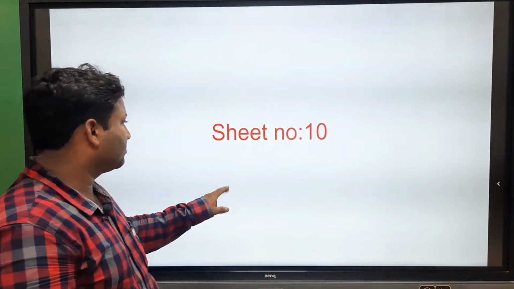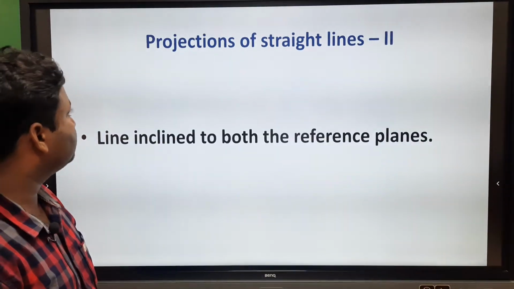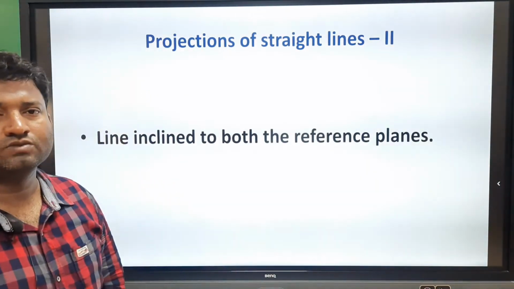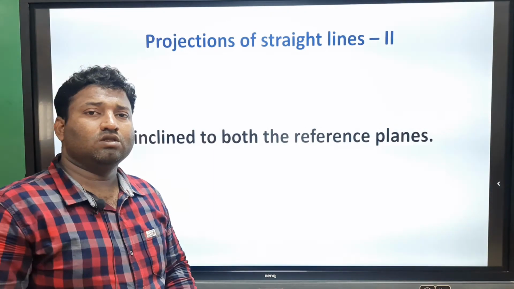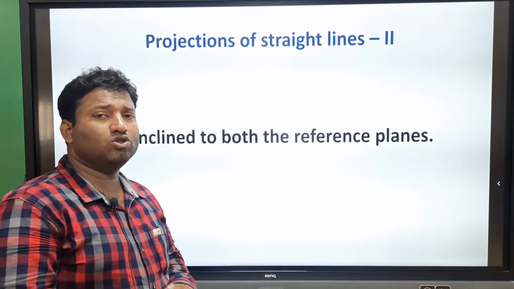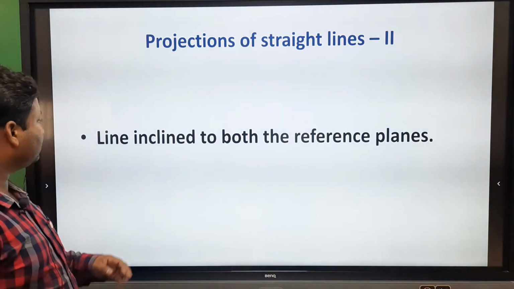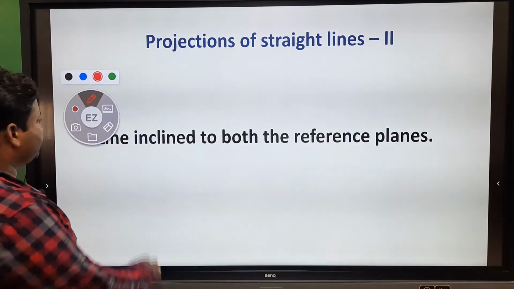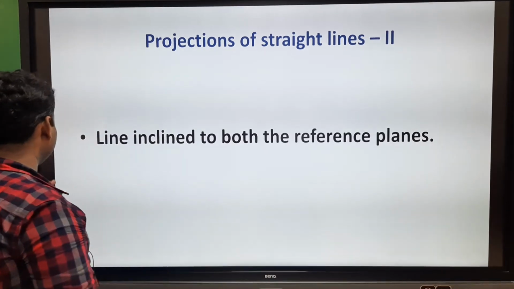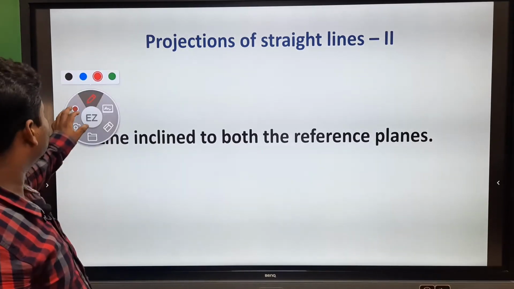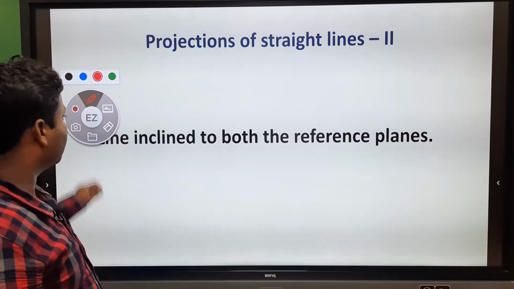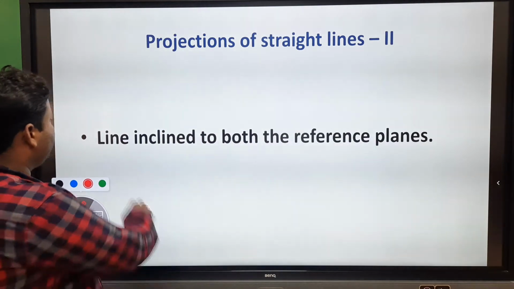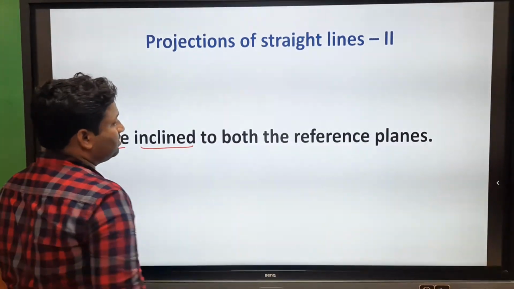So, for that, we have to see that in this projection of straight lines 2, we have a condition, and the condition is the line is inclined to both the reference planes. So, in this we can see that the line is inclined to both the reference planes.